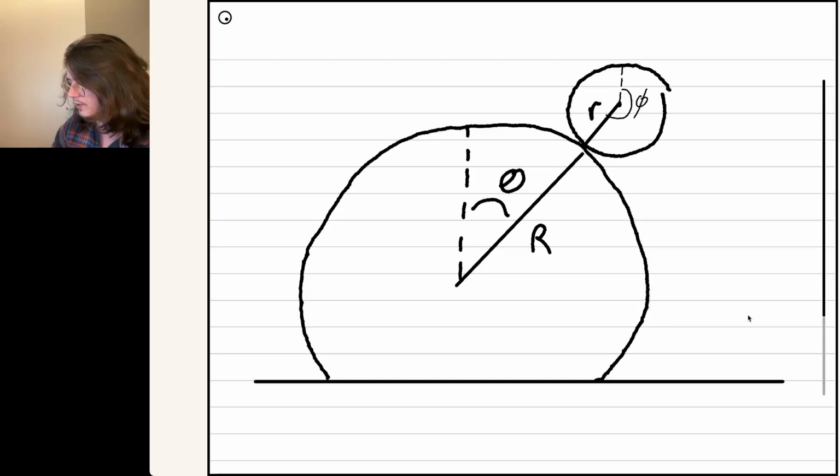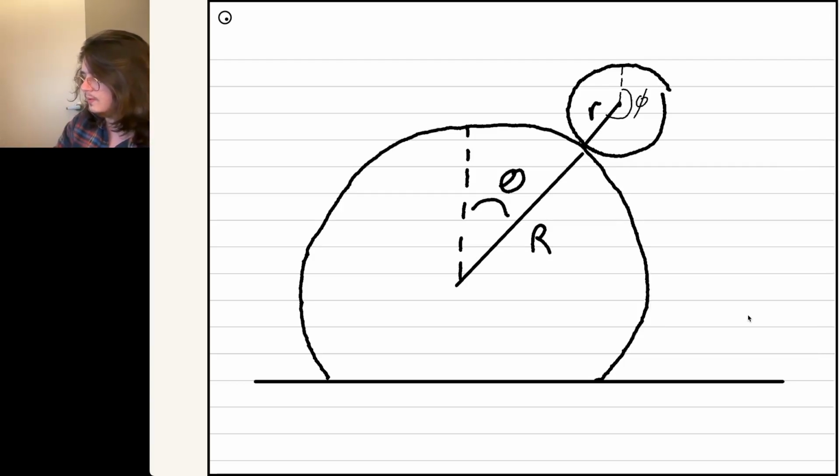So when you're doing Lagrange multipliers, you have to find forces of constraint. Usually the forces of constraint are just given by the geometry of the problem.